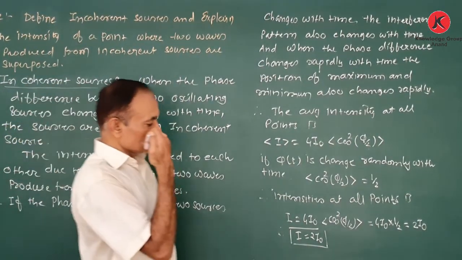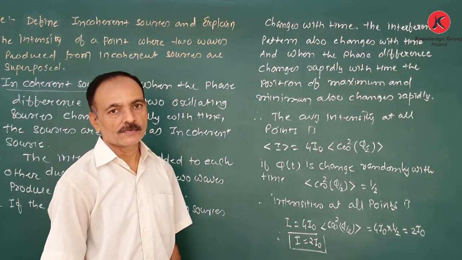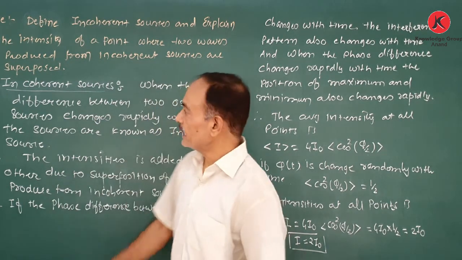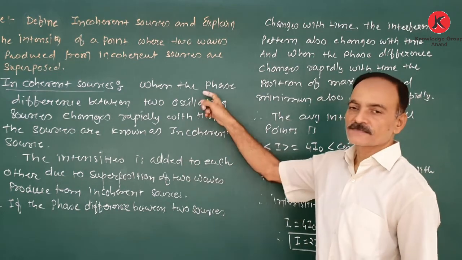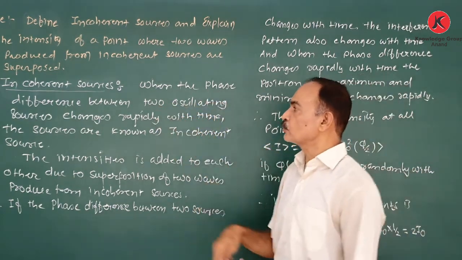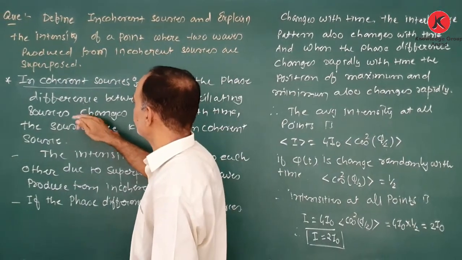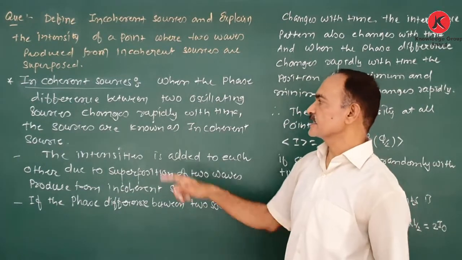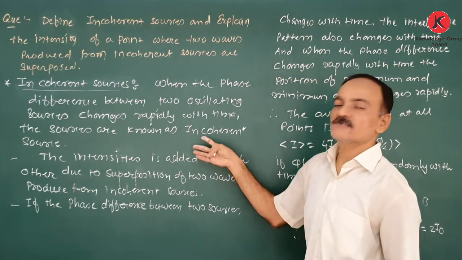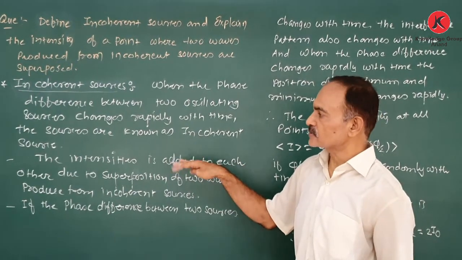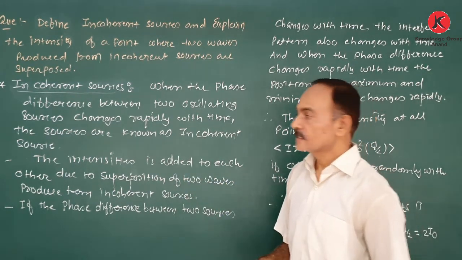While in case of coherent sources, this value is 4I0 cos² (phi/2). Clear this? So that is the case for incoherent sources. First, the definition: when the phase difference between two oscillating sources changes rapidly with time, the sources are known as incoherent sources. When waves produced from incoherent sources are superposed, the intensities are added to each other.